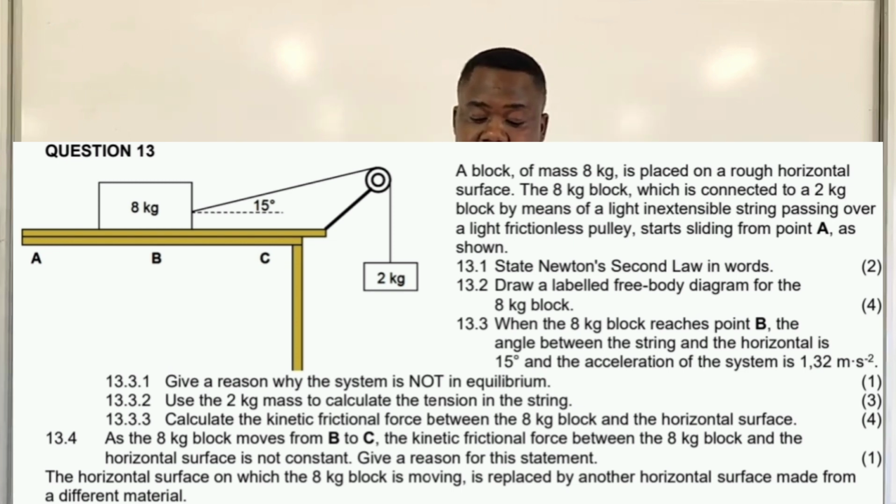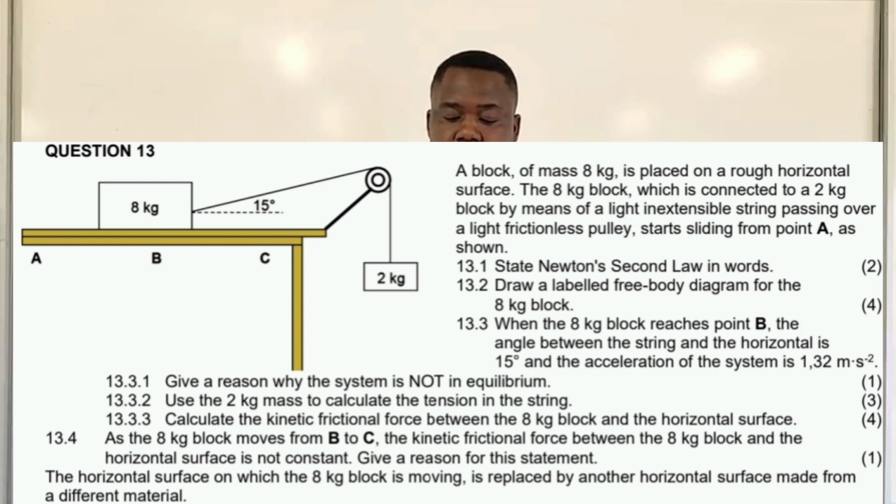A block of mass 8 kg is placed on a rough horizontal surface. The 8 kg block, which is connected to a 2 kg block by means of a light inextensible string passing over a light frictionless pulley, starts sliding from point A as shown.